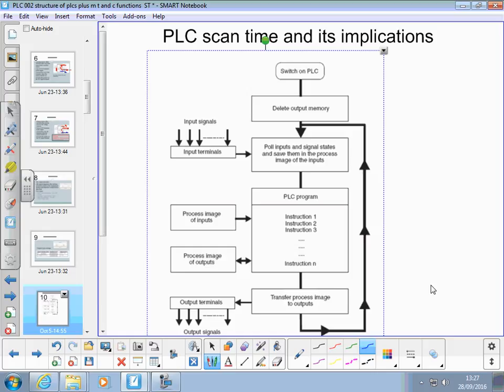When I say status, I mean whether they're on or off in terms of digital inputs and outputs. Then the first thing it does is it polls or looks at the state of the input terminals. That's all your X terminals. And it records their status in memory, so it remembers whether they are currently on or off.